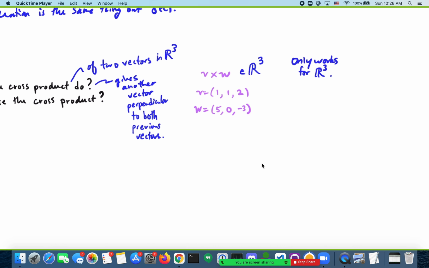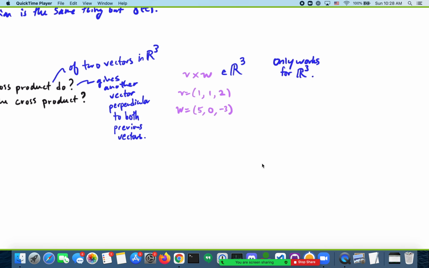So how do we compute it? The way we compute it is we take i hat, j hat, k hat, then the components of V, and then the components of W, and we compute the determinant of this matrix. I like to write det of the matrix, but some people just do straight lines, like absolute value bars around it, and that to them means take the determinant.